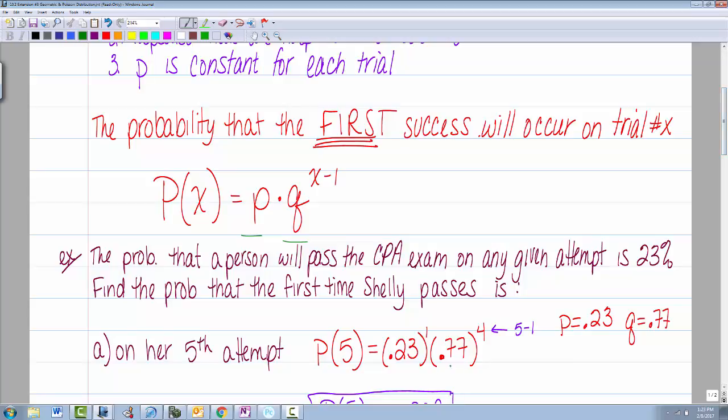So you can see how this lines up in this formula. All right? 5 attempts. 5 minus 1 is 4. If we line this up specifically with the counting principle using probabilities, it'd be 0.77 times 0.77 times 0.77 times 0.77 times 0.23. Just a faster way of doing it.